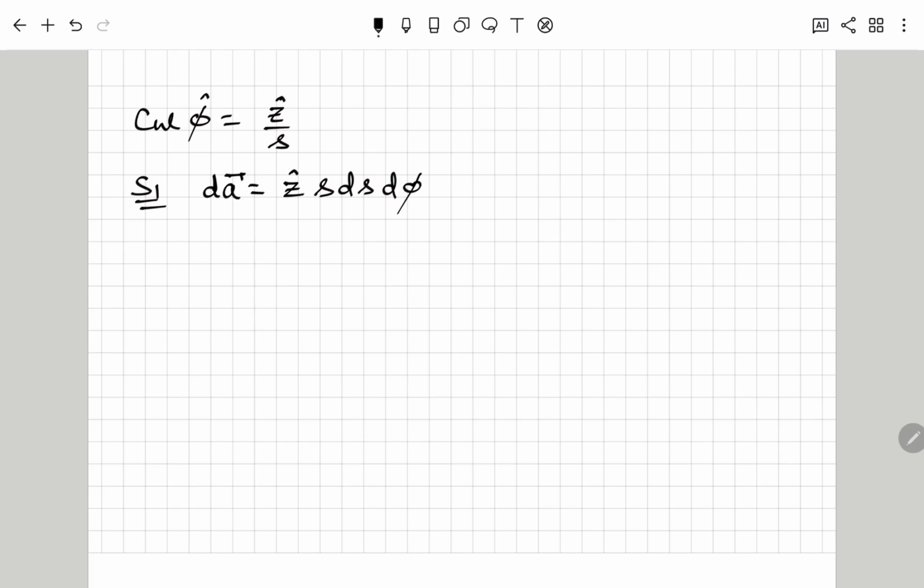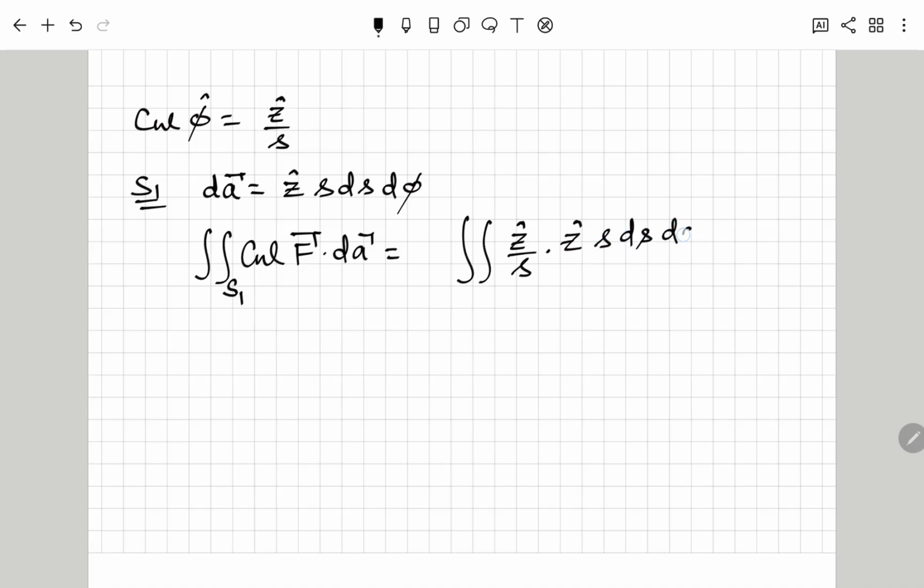So I can work out the curl of f dot dA over S1. This is z cap by S, and the area element is z cap S dS d phi.